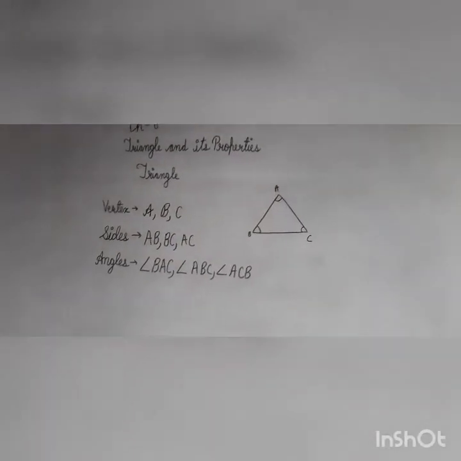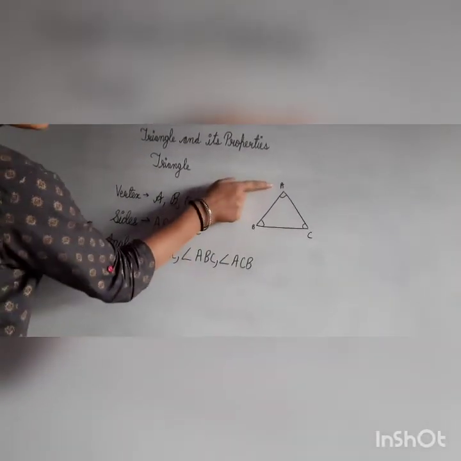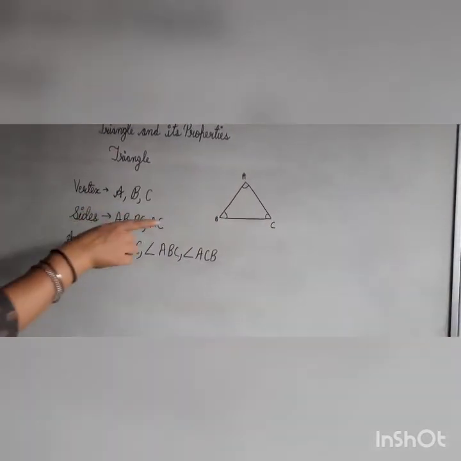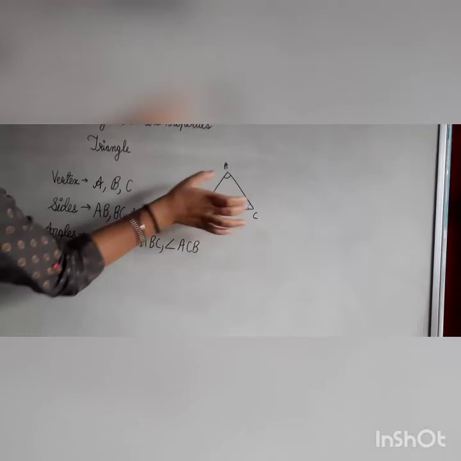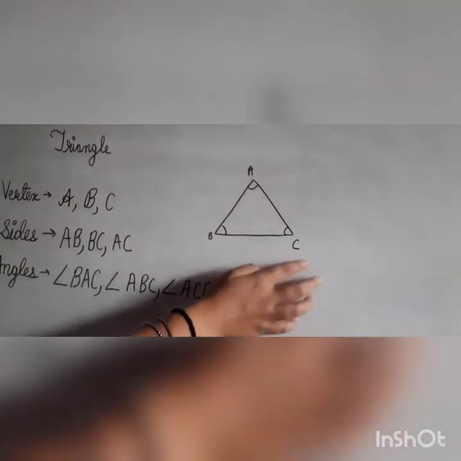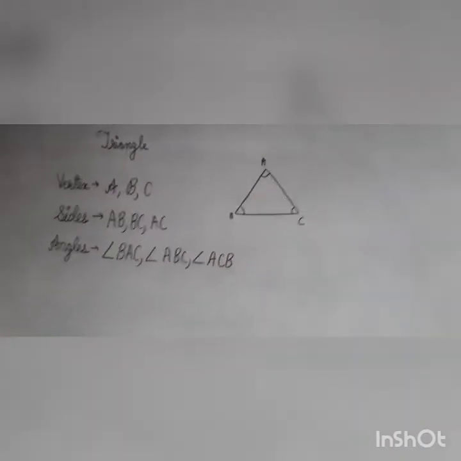Okay, class. You can see in the figure the side opposite to vertex A is BC, the side opposite to vertex B is AC and the side opposite to vertex C is AB.